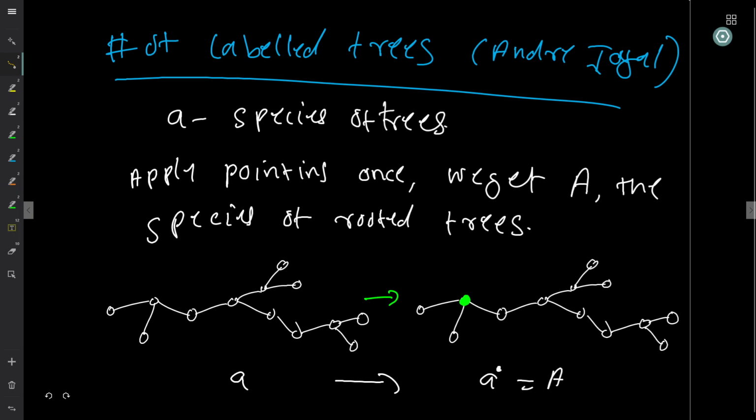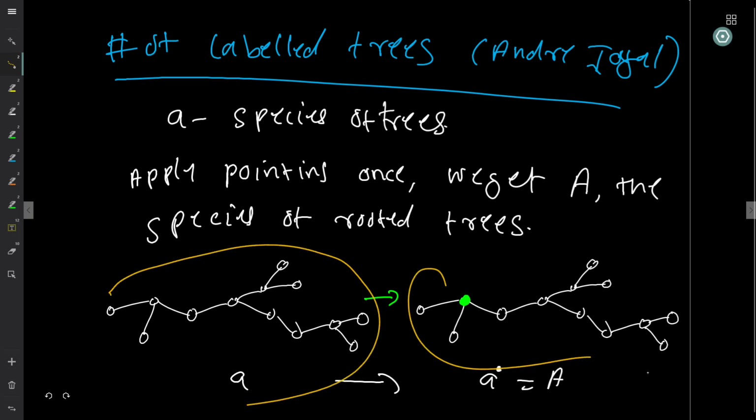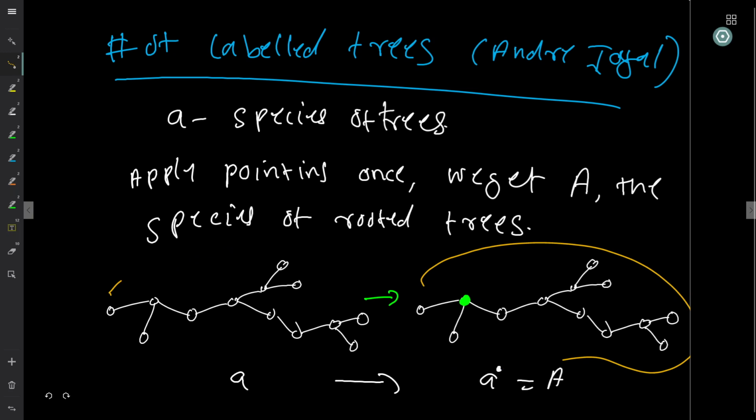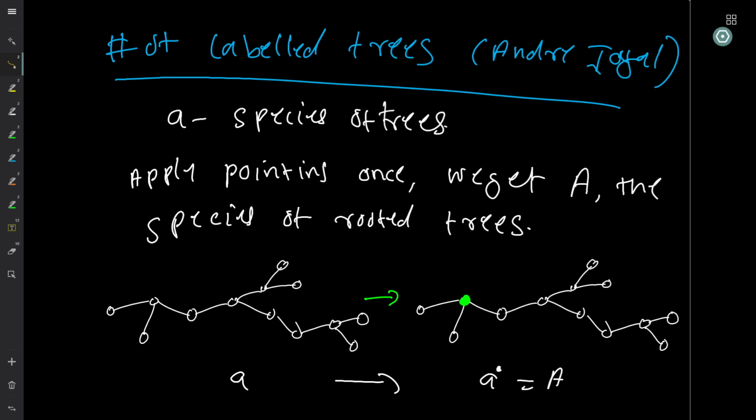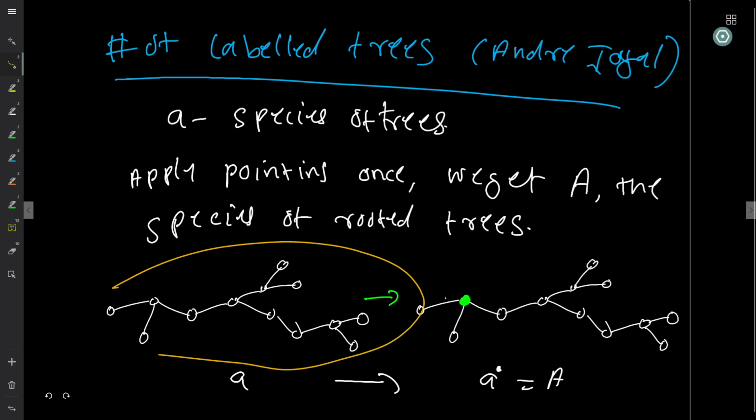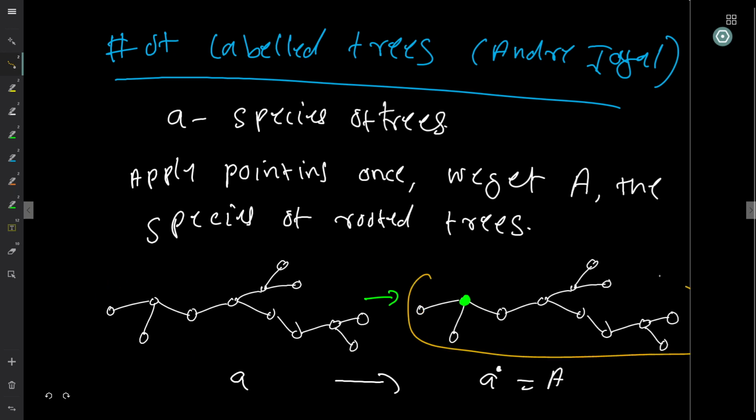We already saw that if you take a tree and point to one element, you get a rooted tree. So whatever tree you start with, you mark any one of the elements as root, and you get a rooted tree. So from the species A, you get the species capital A, when I take the pointing operation, A dot.